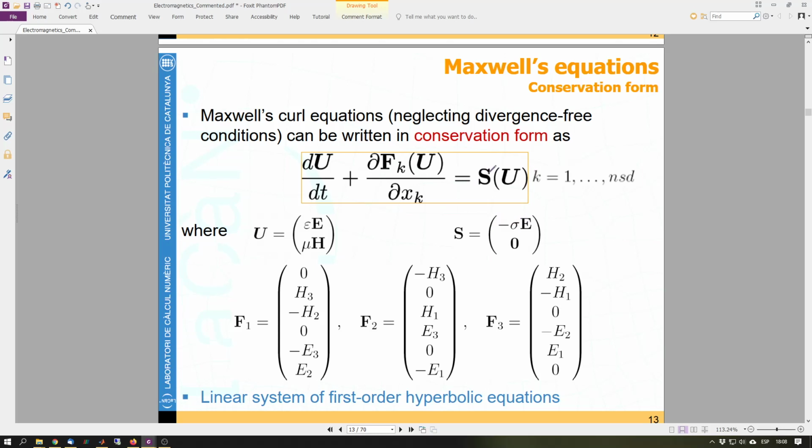This is given by the presence of these charges, and by the environment that we are studying, but it's not dependent on u. These are first order hyperbolic equations, and we have already seen some of the tools when we were using Euler's equations. In fact, they are far simpler. Euler's are nonlinear, and in this case they are linear because of the structure of this F that we have here.